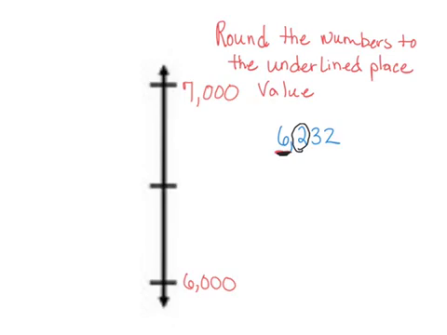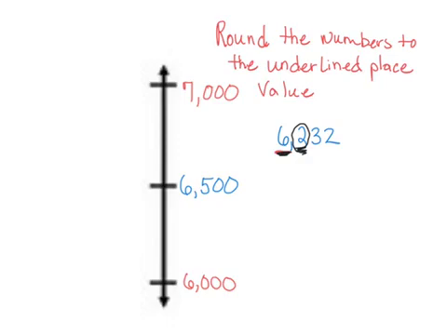So what has to be next door is that 5, right? Halfway there, that midpoint. So that's what we're going to write, 6,500. So where would 6,232 be in that number?